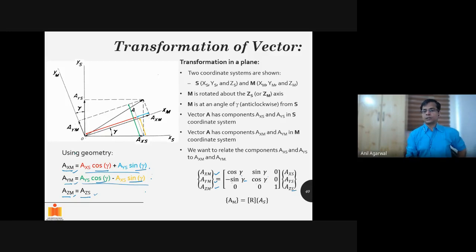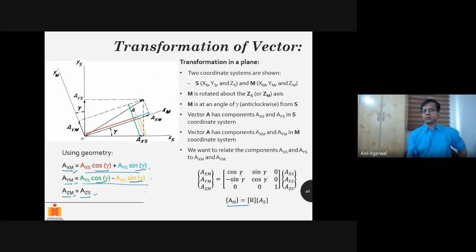You can check again. AXM is equal to AXS cos gamma plus AYS sin gamma, no component from Z. AYM is equal to AYS cos gamma minus AXS sin gamma, no component of the Z axis. AZM is equal to AZS. Fine. So this looks fine, right?